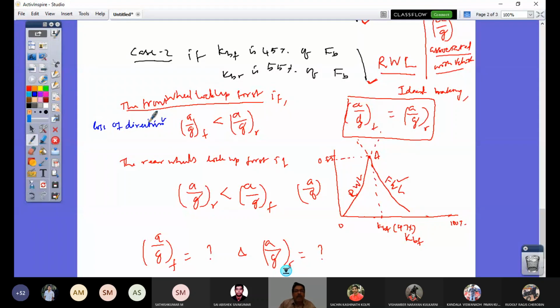And when rear wheel lock first before the front wheel, it is going to create an unstable state. It is loss of directional stability.